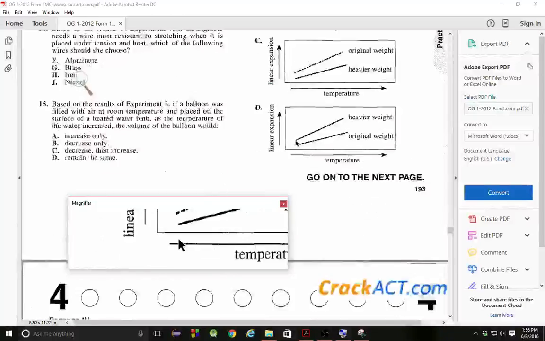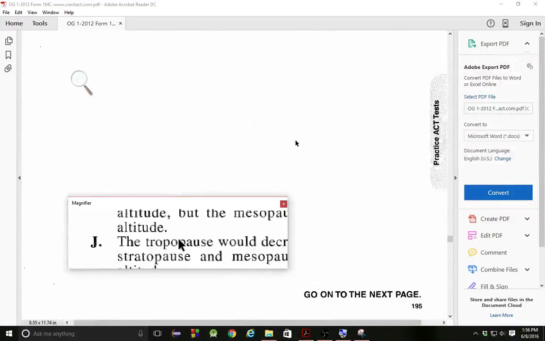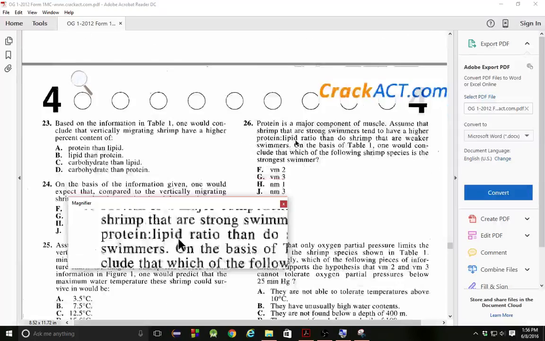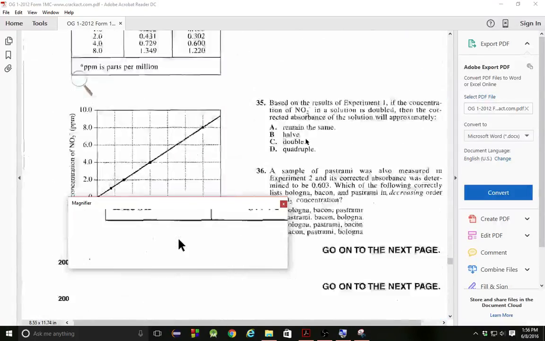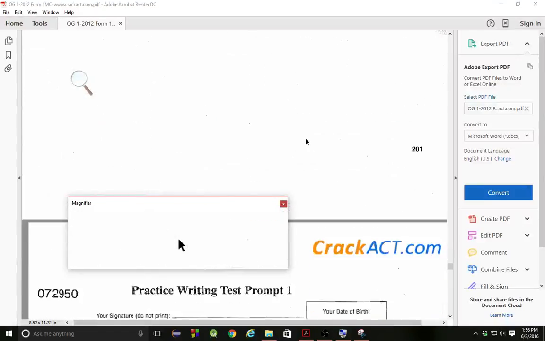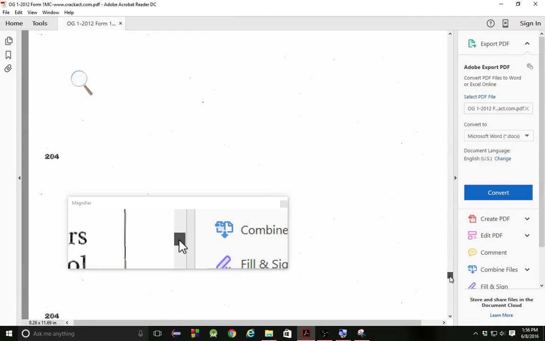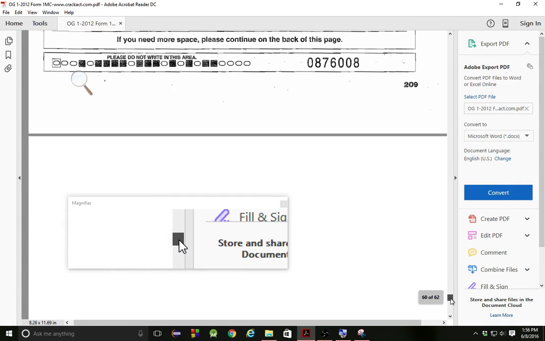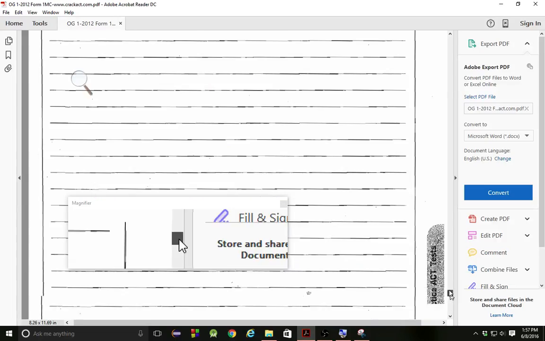Oh wait, we have to go back to 16 because I forgot 16, but let's check 17 first. Yeah, 17 is a D.